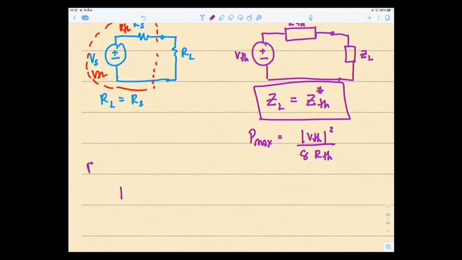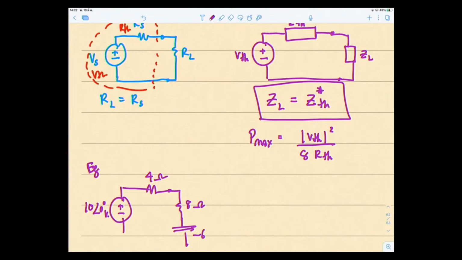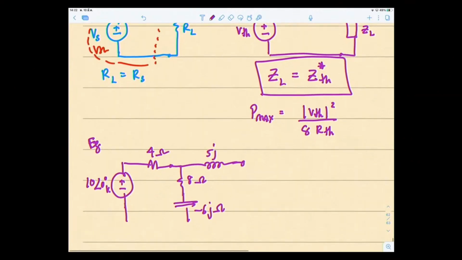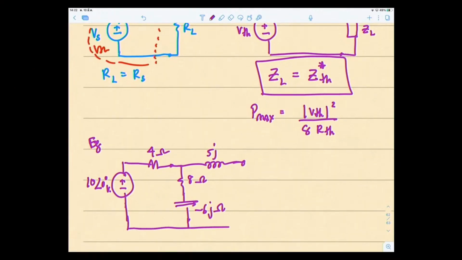So for example, we have this circuit right here: a 10 angle 0 degrees volt source, 4 ohms, 8 ohms, minus 6J ohms, 5J ohms, and ZL.